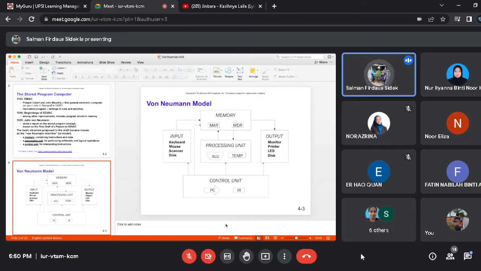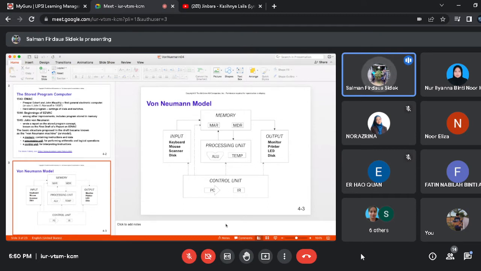A is for arithmetic, which we have learned about. L is for logic, and we already learned about logic, the 5 types of gates. So the CPU will process the data using arithmetic and logic concepts, and the data being processed will be kept temporarily in the temp.